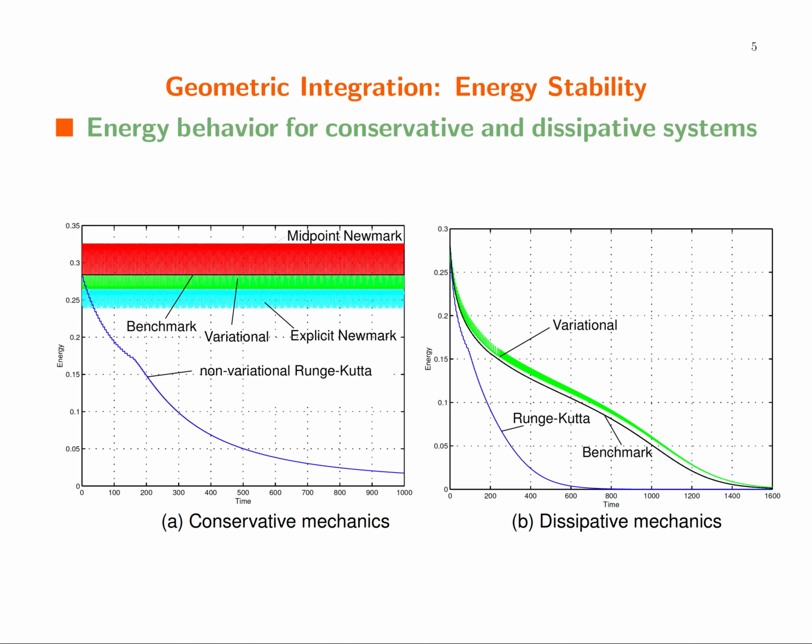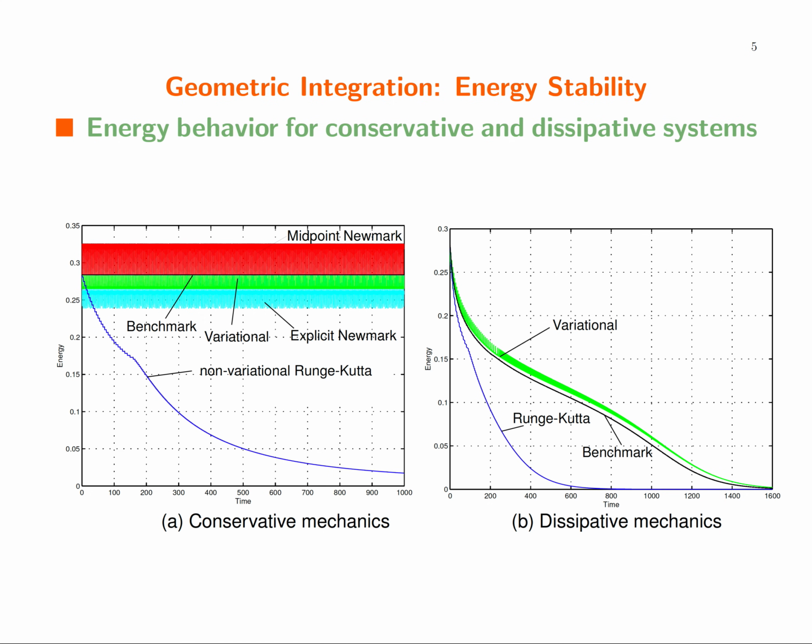So here we have some plots of various types of symplectic integrators, and you'll see the midpoint Newmark, variational integrators, and explicit Newmark. So these methods don't exactly preserve the energy. As you can see, there are oscillations, but the oscillations remain bounded for very, very long times.